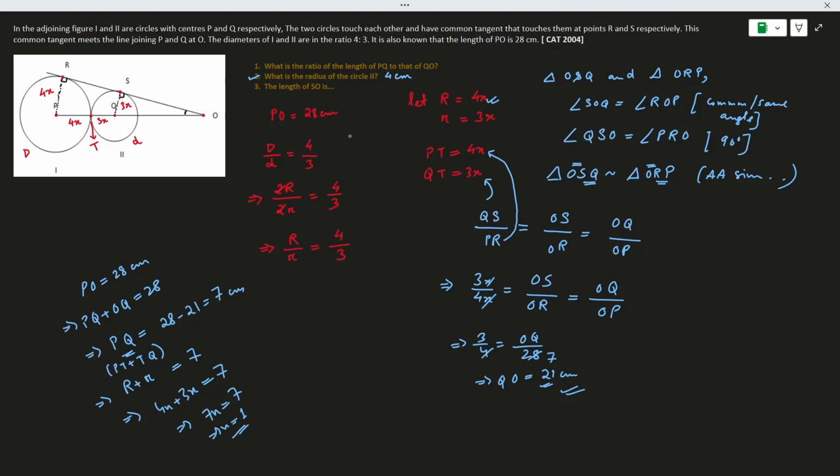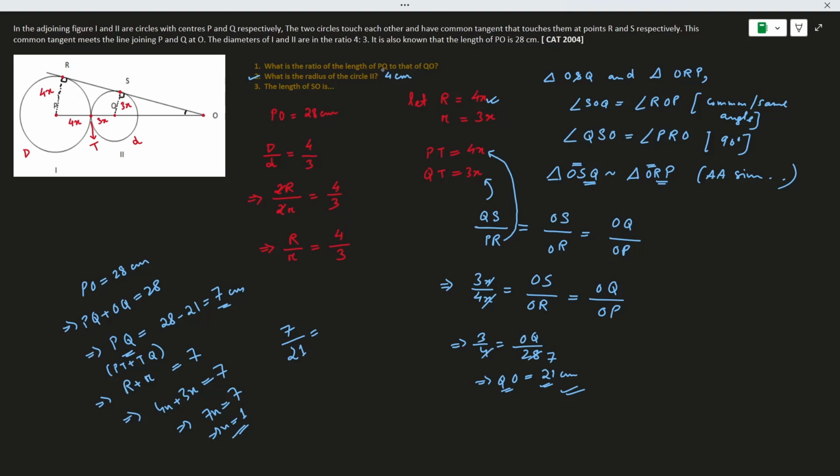Now I need to find the ratio of PQ to that of OQ. PQ is 7, and OQ is 21.